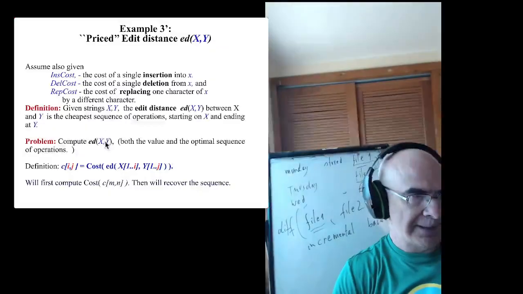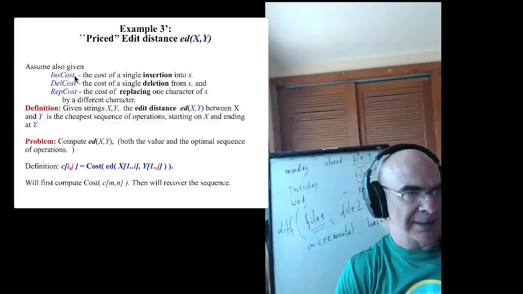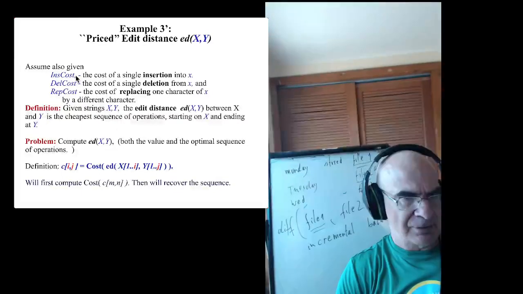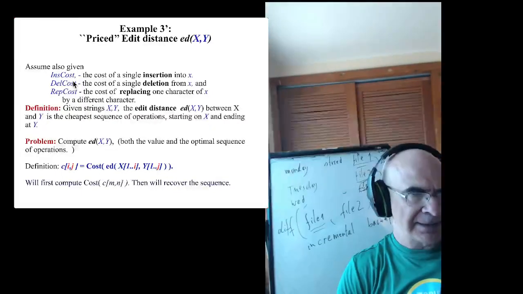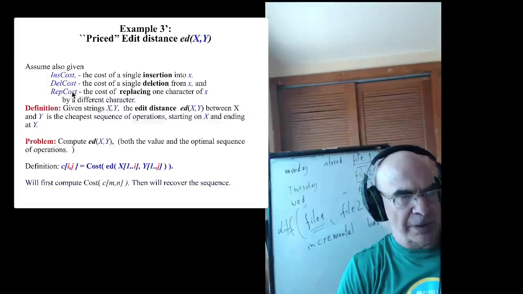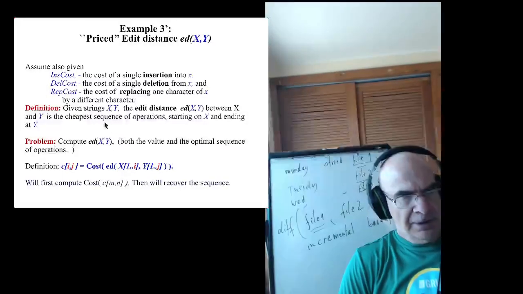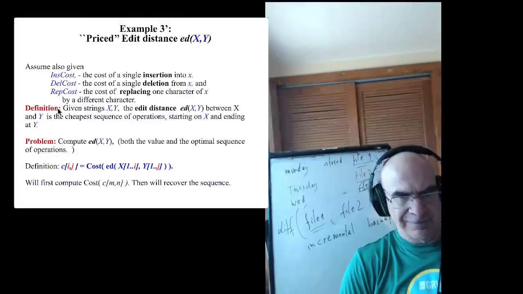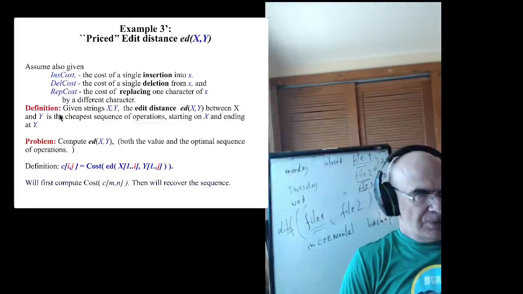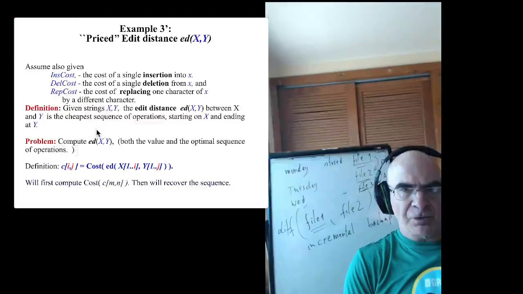Insert of a single character costs some number of dollars, delete costs some number of dollars, and replace costs a constant number of dollars. That's the problem that we want to solve: find this cheapest sequence, and of course store this sequence.